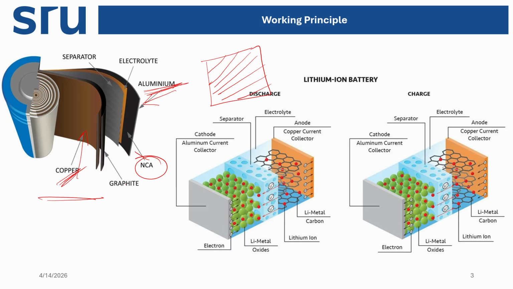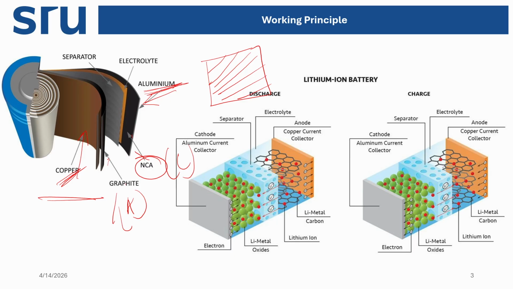Then there should be some space between the anode and the cathode. Let's say graphite is our anode, and this NCA is the cathode. In between, one material is used that will separate the anode and cathode.